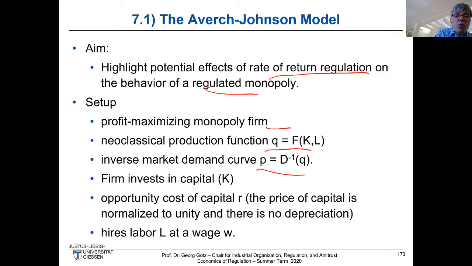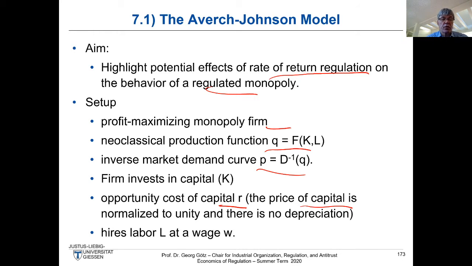And it has some opportunity cost of capital R, which is the return it has to pay to its investors. And the price of capital is normalized to 1.